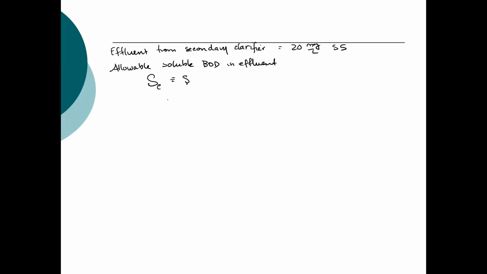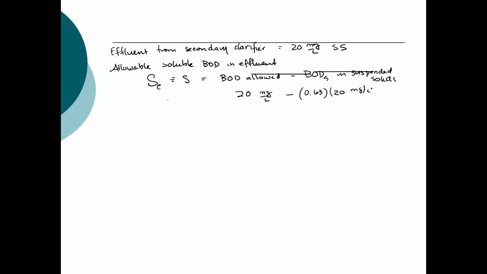And that is the BOD allowed, 20 milligrams per liter, minus the BOD5 in the suspended solids, 0.63 times 20 milligrams per liter, which is the suspended solids concentration. So 20 is the total.